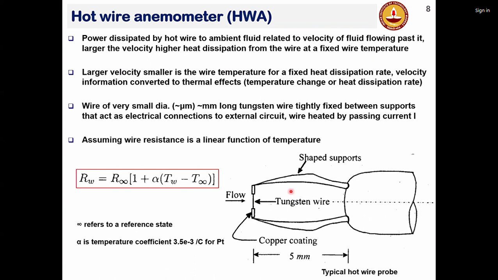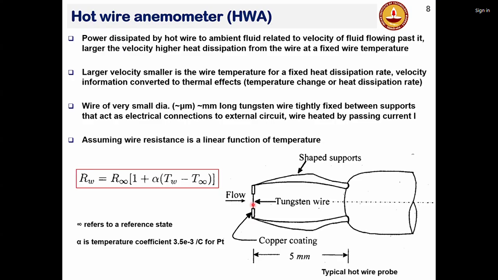Either there is a large heat dissipation when you have a flow, because when you have a higher velocity, there is going to be a cooling effect that develops here if the current is constant.